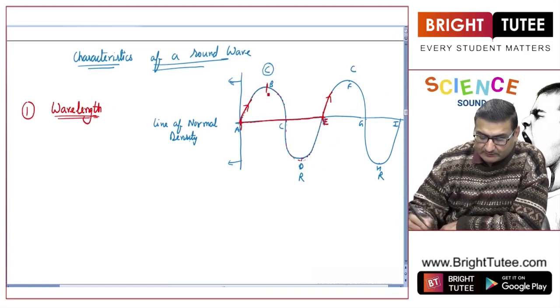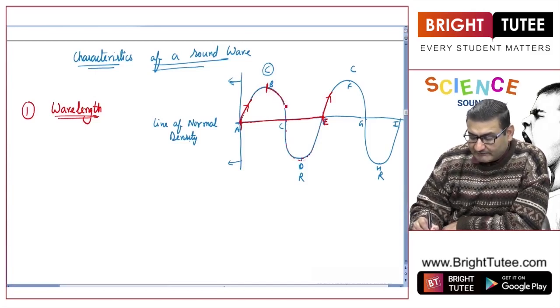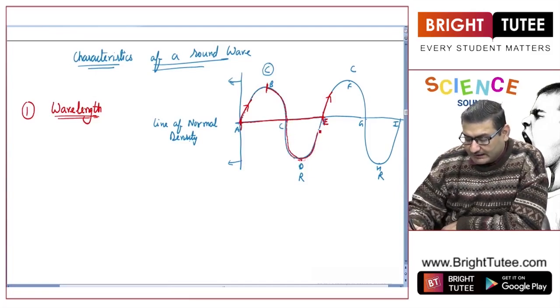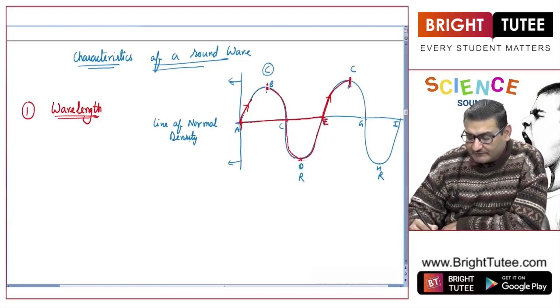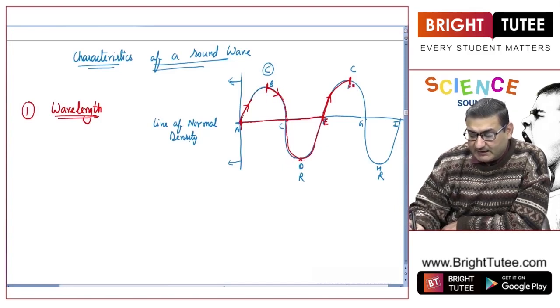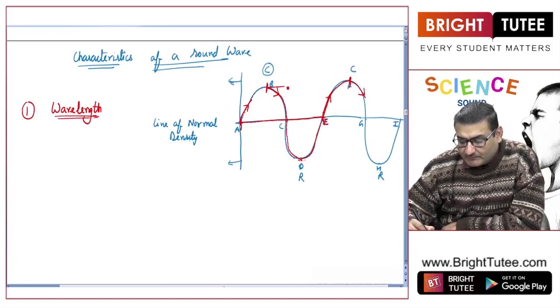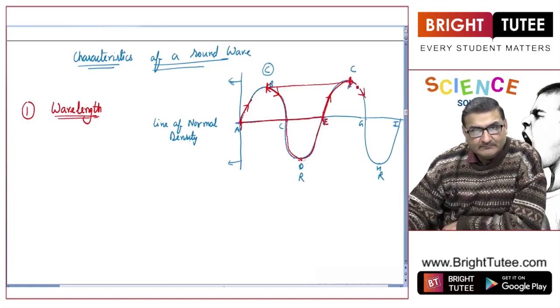Now let us take B. If I take this point B as the starting point, from B it went down, then undergoing the rarefaction, it came up to the line of normal density and it came up to point F. It is quite obvious that from B the path was taken by this wave and the same continuation will happen from F. So from B to F this distance is also the wavelength.